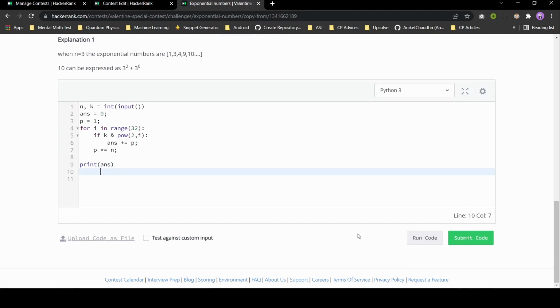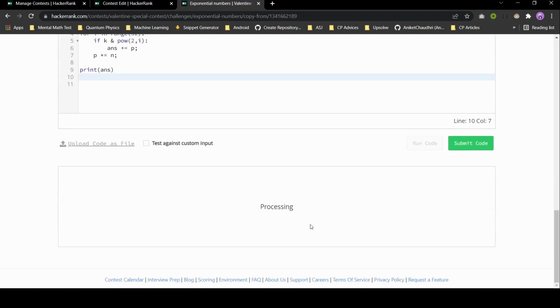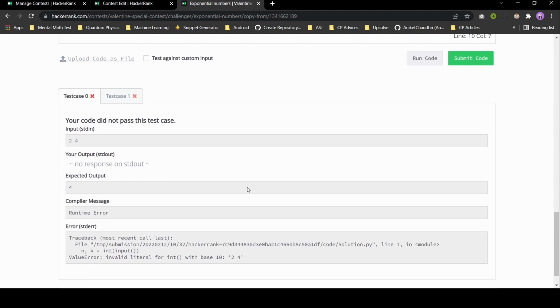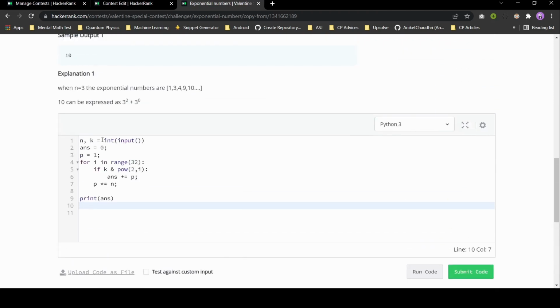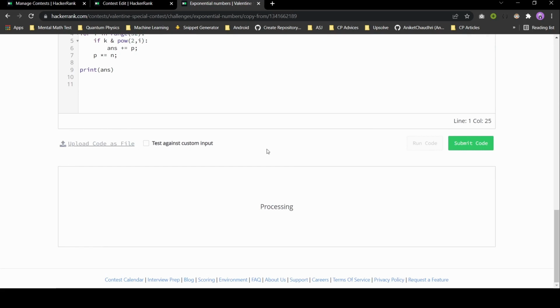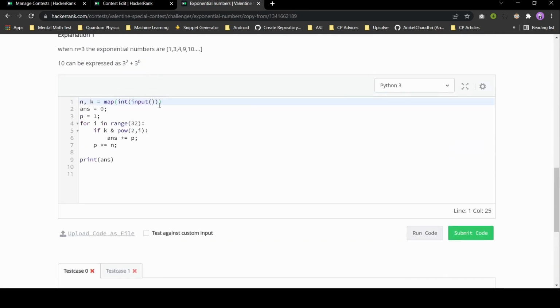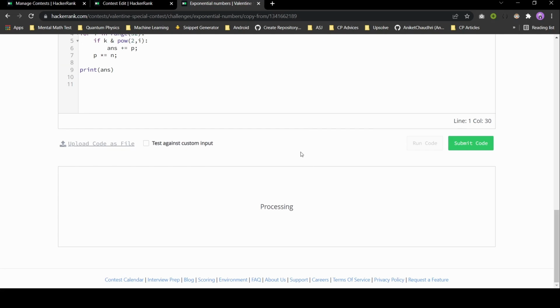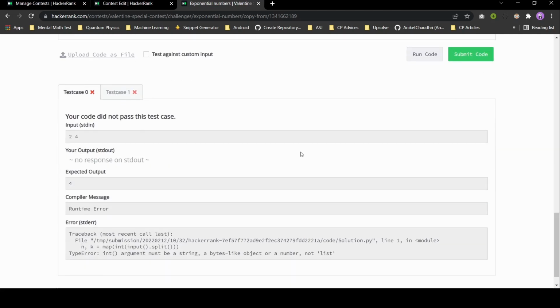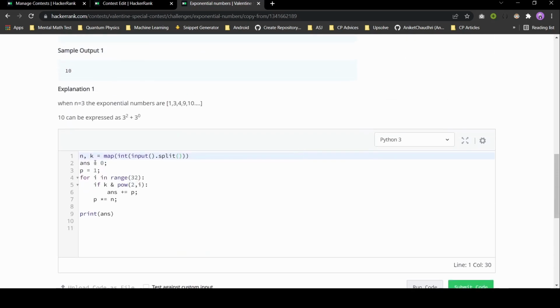So let's try to run this. Okay, so there is an error. Okay, I have to use map. Okay, input.split also. What error is there now? N and k, I am mapping it to int.